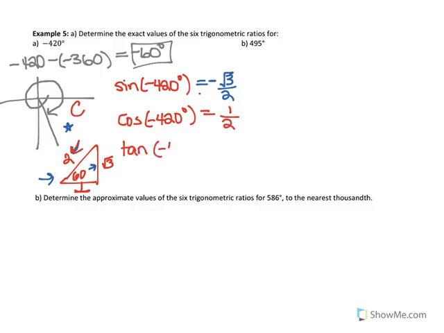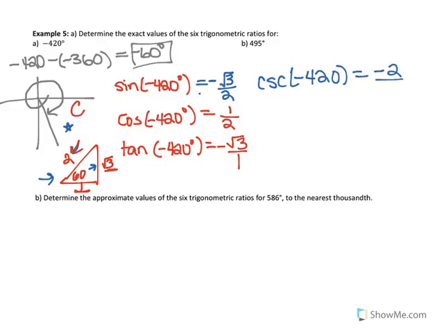Tangent of negative 420 degrees is opposite, so root 3 over adjacent, which is 1, and it is negative because only cosine is positive in that quadrant. We can also do our reciprocal functions. Cosecant of negative 420 is equal to negative 2 over root 3.